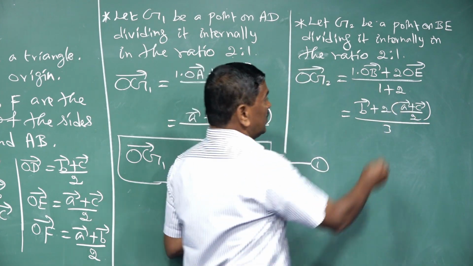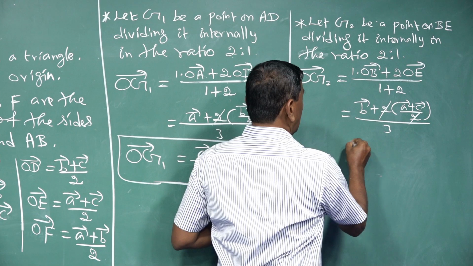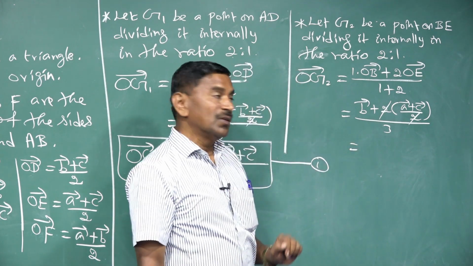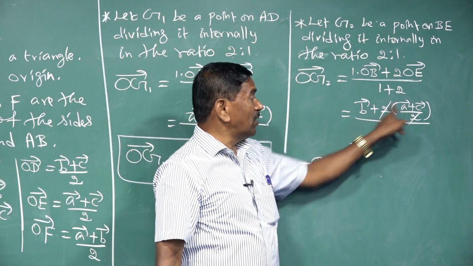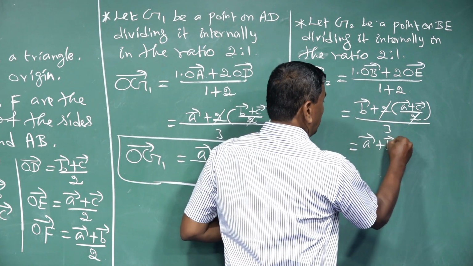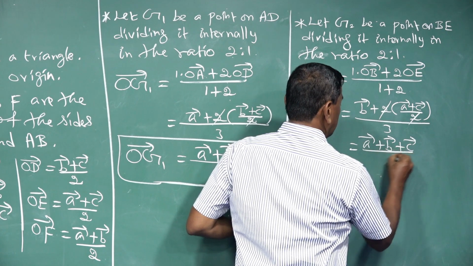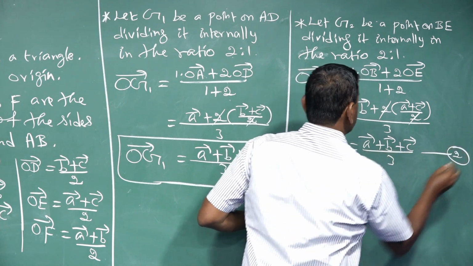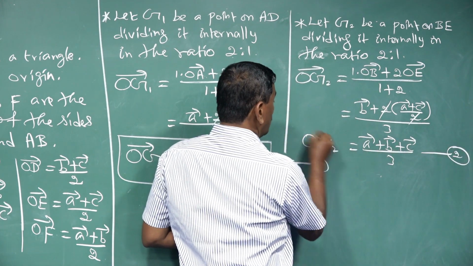The 2 cancels, which is equal to A vector plus B vector plus C vector by 3. Let it be the second equation, which is OG2 vector.